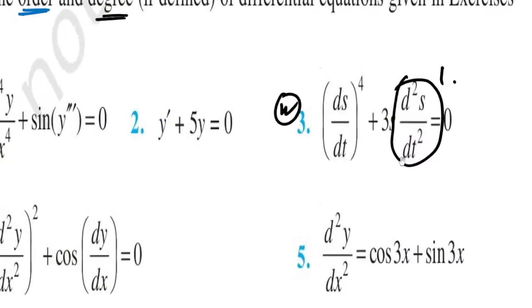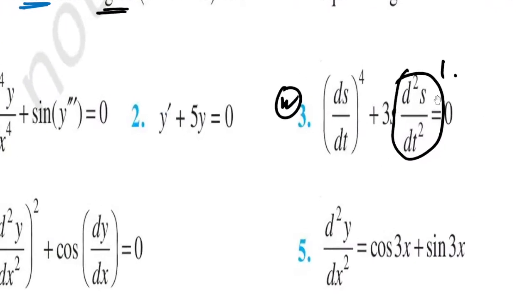So I have solved question number 3. This is question number 3, and this is a differential equation. The highest derivative is the second derivative.